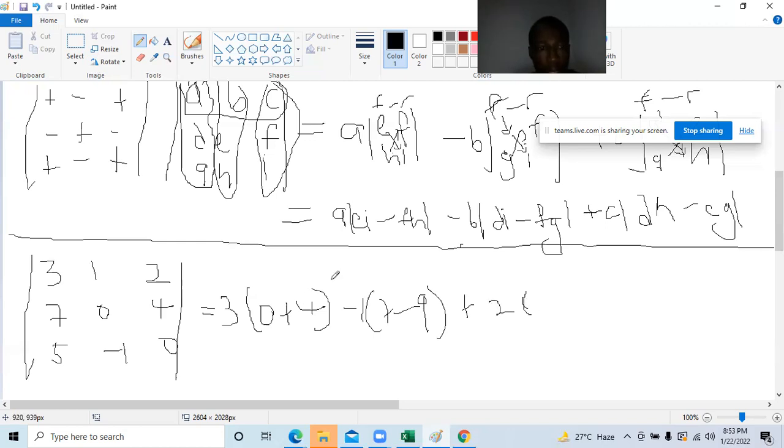Plus 2 into, so I'm taking out this plane. I'm multiplying. Let me take this plane for example. I'm multiplying 7 by minus 1. That's going to be minus 7. Minus 5 times 0.